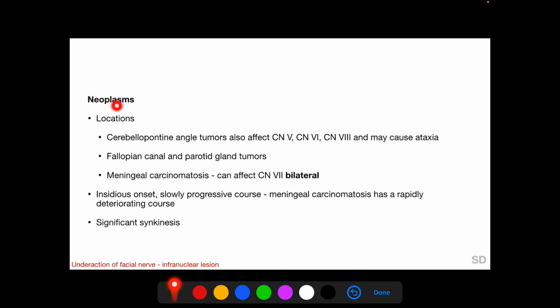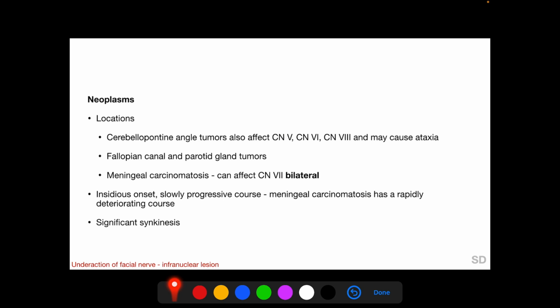Neoplasms can also cause infranuclear lesion of the facial nerve, and the locations of these lesions can be either in the cerebellopontine angle, in which case the 5th cranial nerve, the 6th cranial nerve and the 8th cranial nerve are also involved. The lesion can be in the fallopian canal within the ear and the parotid gland, or it can be a meningeal infiltration, in which case the facial nerve palsy can be bilateral.